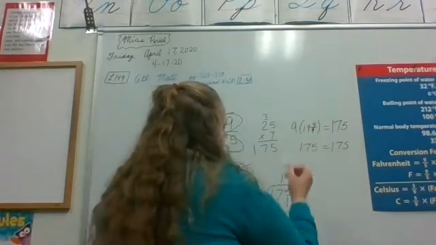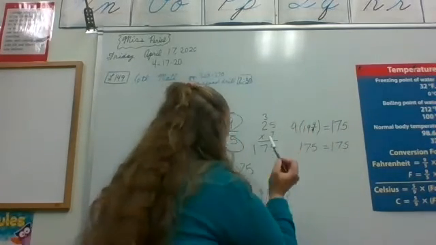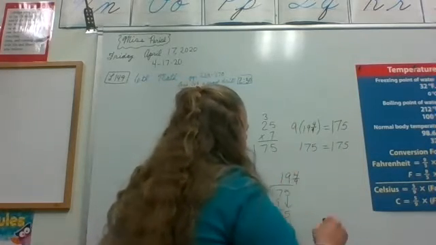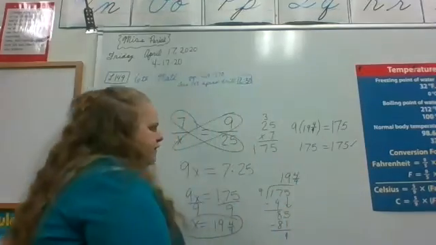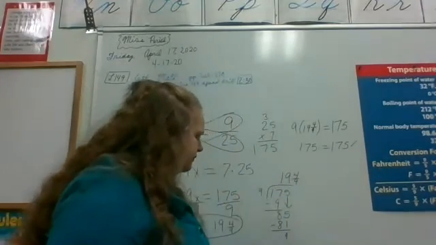You'd have to turn that into an improper fraction or have a decimal if you did the decimal. But we're just gonna leave it at that because I know I did my division correctly.